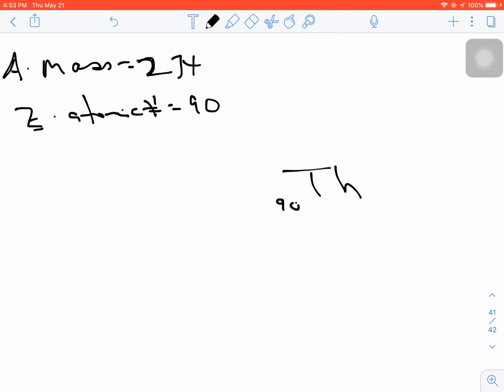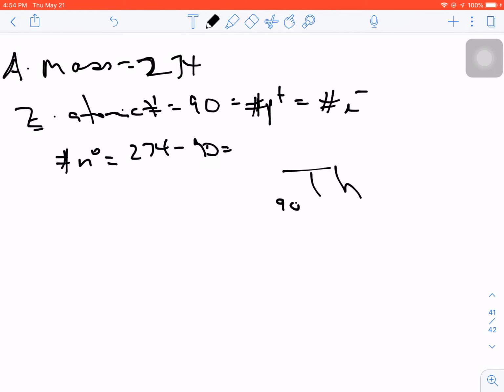The 90 tells me the number of protons, which means it also tells me the number of electrons. And if I want to find the number of neutrons, I'm going to take the mass number and subtract from it the number of protons, and the missing 144 here are the number of neutrons.